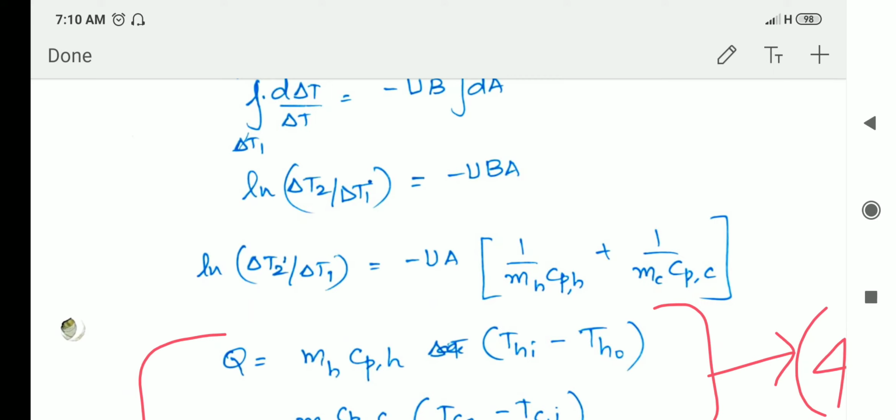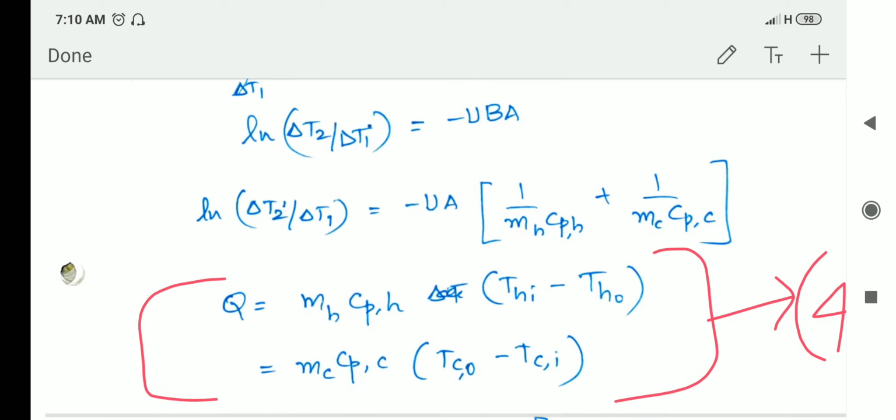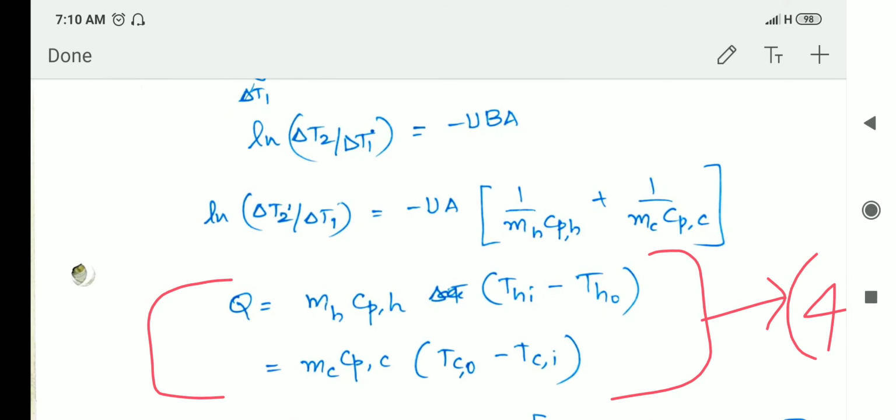So now how many equations we have used? 3 equations we have used. Now there is a slot for the fourth equation, right? Fourth equation is what? Q equal to mh cph into Thi minus Tho, and Q equal to mc cpc into Tco minus Tci. So how can we combine these two equations?